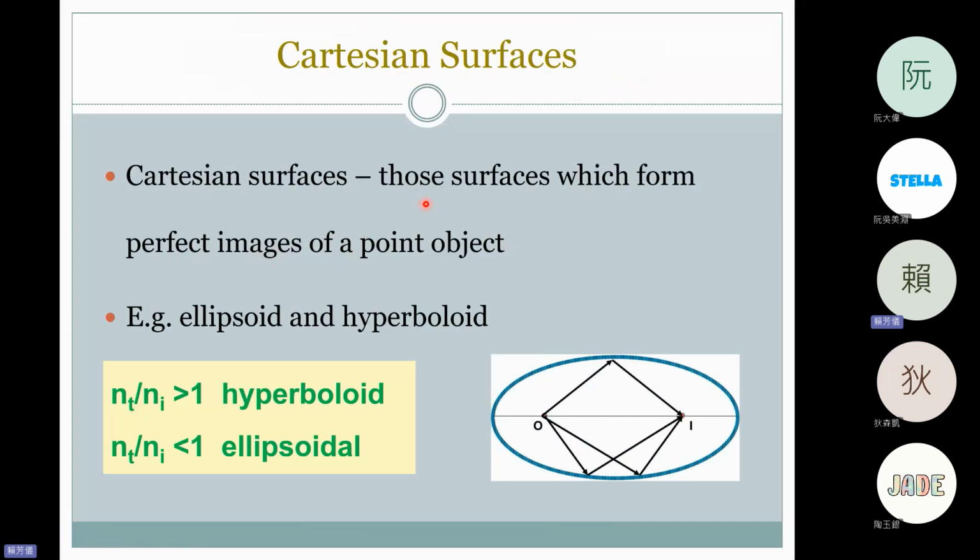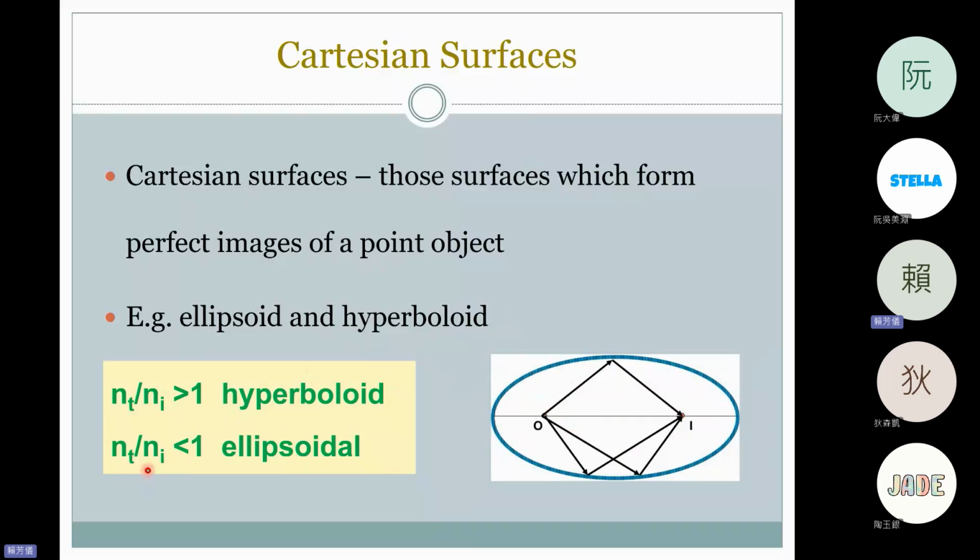Okay, what kind of surface is a Cartesian surface? For example, ellipsoid and hyperbolic surfaces. When nt divided by ni is larger than 1, a hyperboloid surface can form a perfect image.